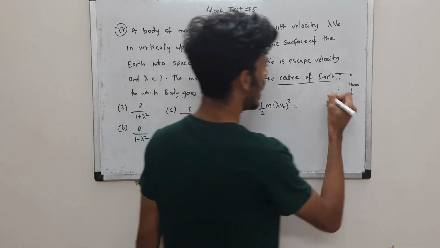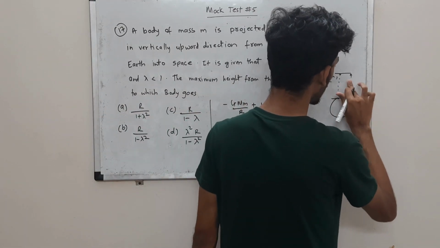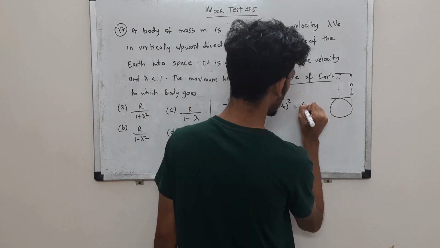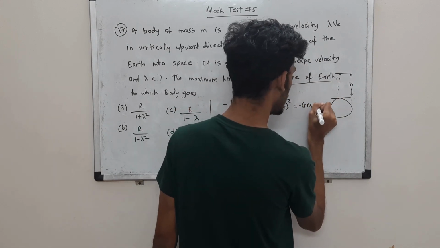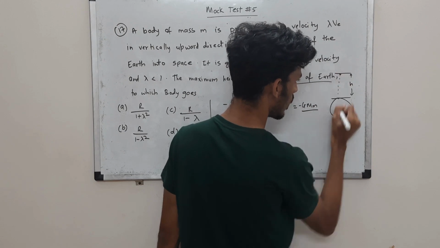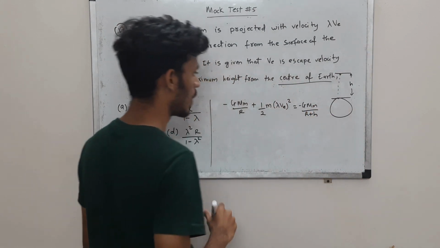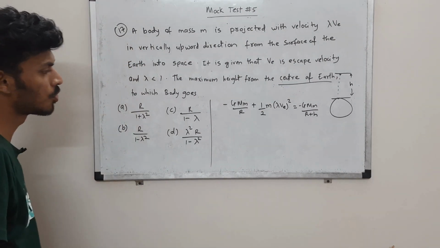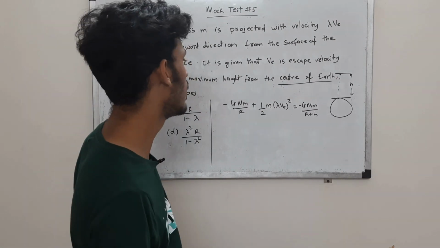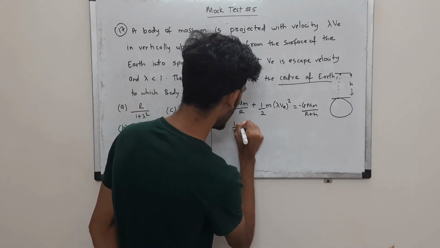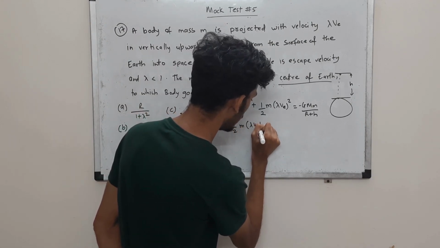Let that height be h, simply small h. The potential energy at that point will be minus GMm by the distance from the center, which is R plus h. Now we are supposed to solve this and find the value of h. So let's simplify it. Here we'll have half m lambda Ve square.